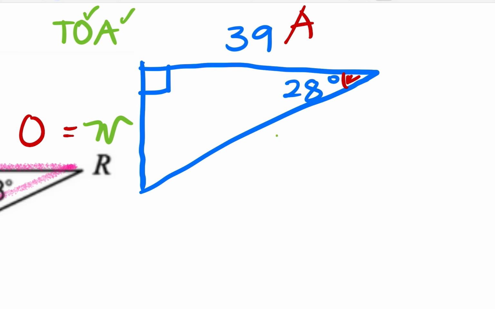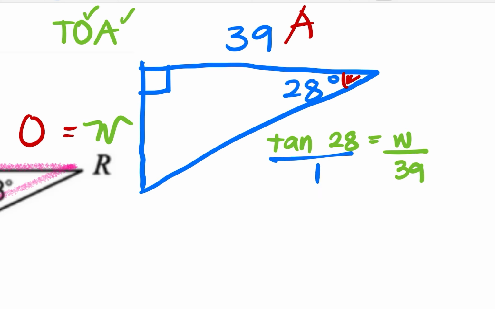So I'll write tangent 28 equals the opposite, the unknown W, over adjacent, which is 39. I'm trying to find W, so I'll cross multiply. W equals 39 times tangent 28.